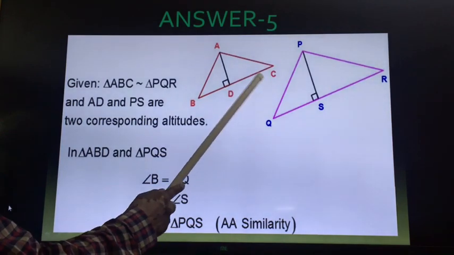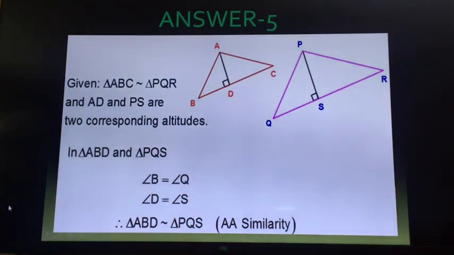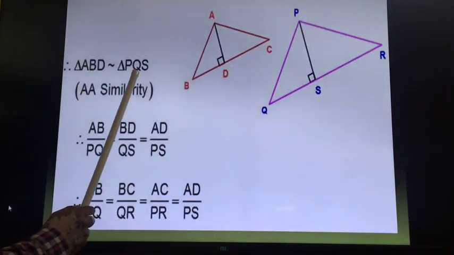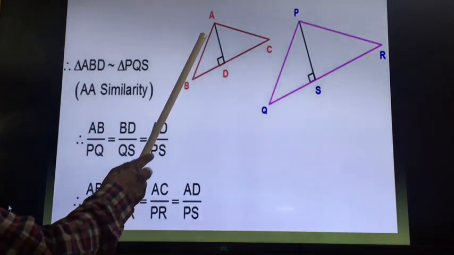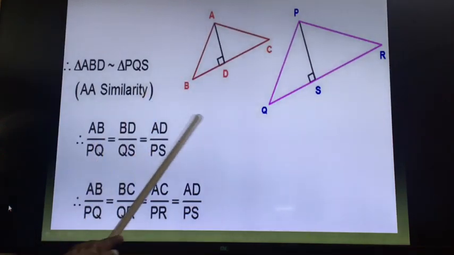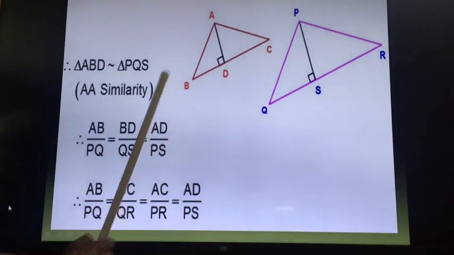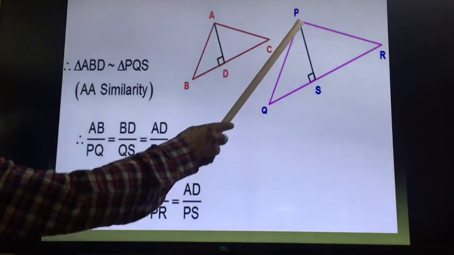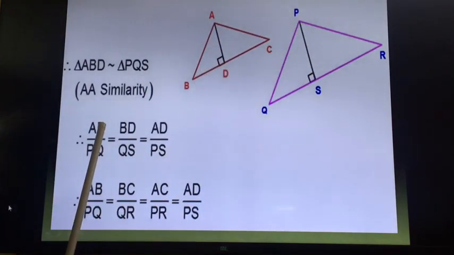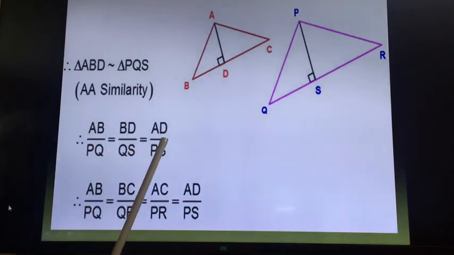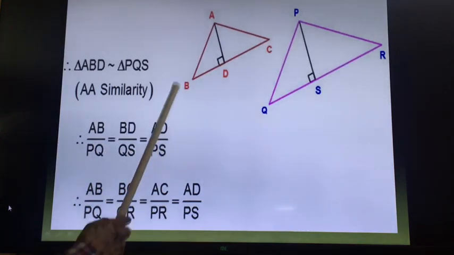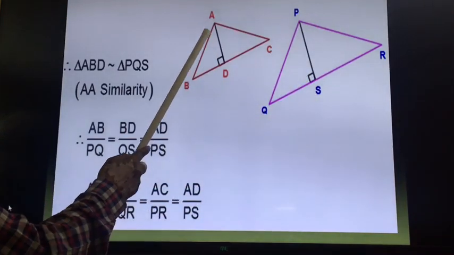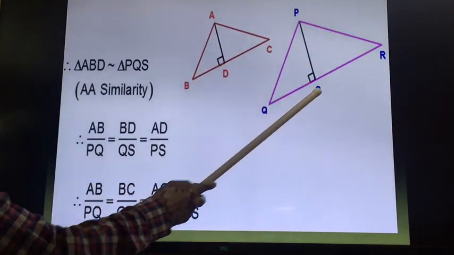So we have proved the triangles are similar. Now if triangles are similar, then sides are proportional, so we can write AB upon PQ is equal to BD upon QS is equal to AD upon PS. So we have proved AB upon PQ is equal to AD upon PS. But triangle ABC and triangle PQR both are similar, and if triangles are similar, their corresponding sides are proportional.